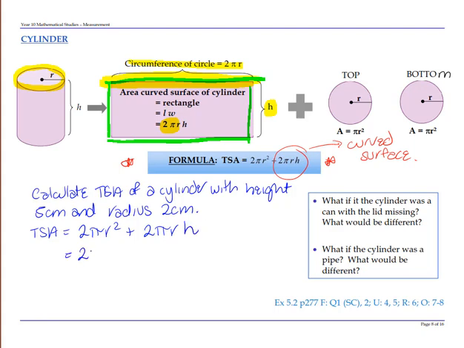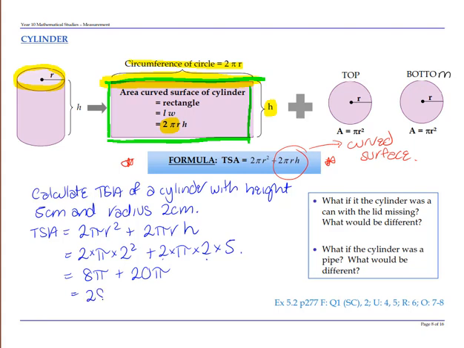Plug in our information, 2 times pi times by my radius squared, plus 2 times pi times 2 times by my height. So 2 times 2 squared is 2 times 4, which is 8, so that's 8 pi. The next one is 2 times 2 is 4, 4 times 5 is 20 pi.